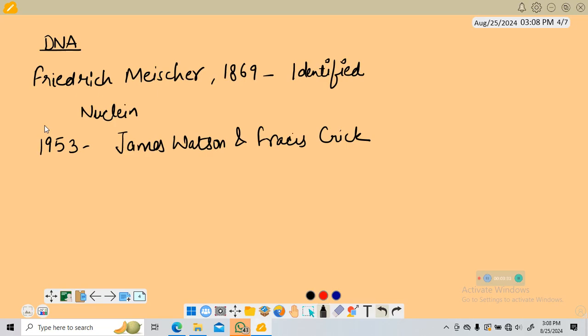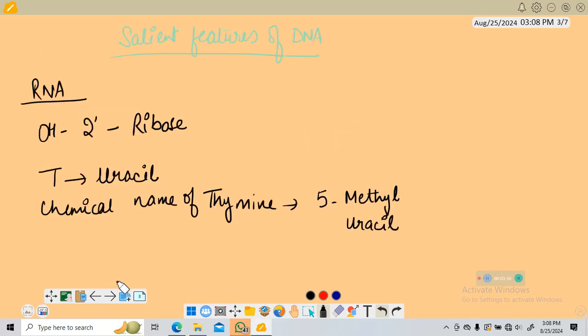Now coming to its features. Let's first see the difference between the sugars of DNA as well as RNA. This is about RNA. Now talking about DNA.